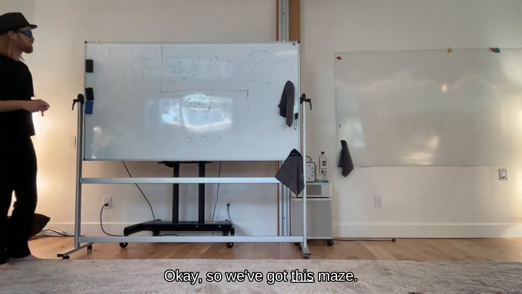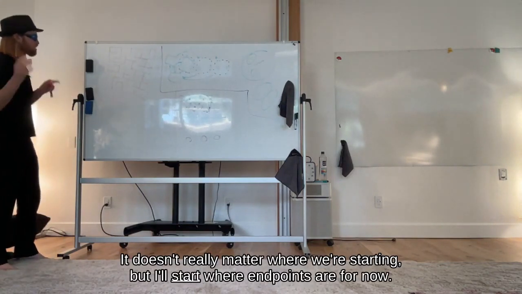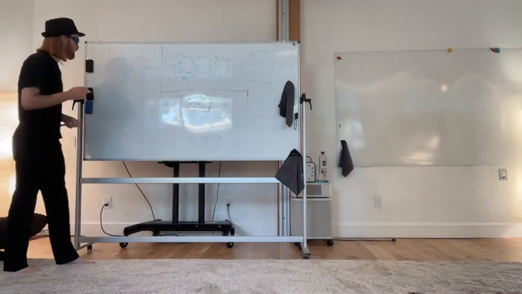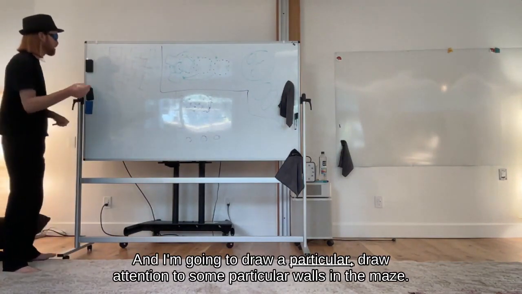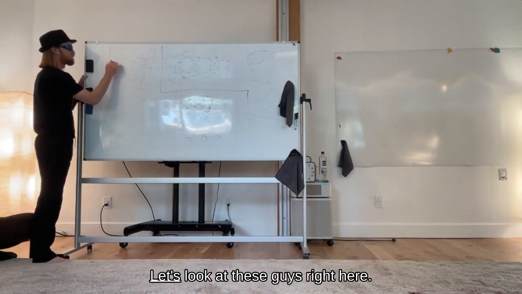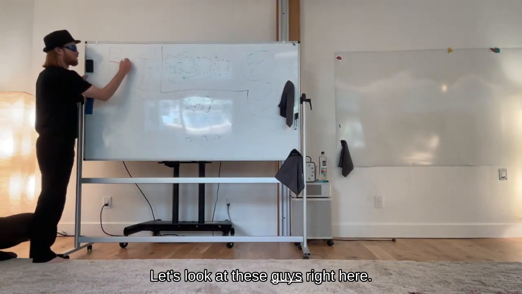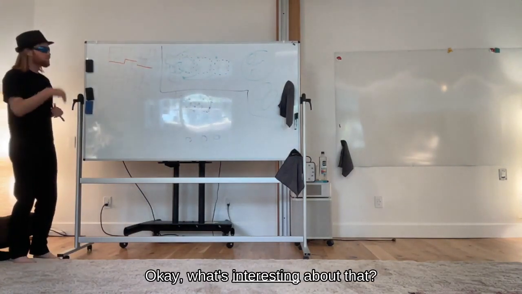Okay, so we've got this maze. It doesn't really matter where we're starting, what the start or end points are for now. And I'm going to draw attention to some particular walls in the maze. So look at these guys right here. Okay. What's interesting about that?